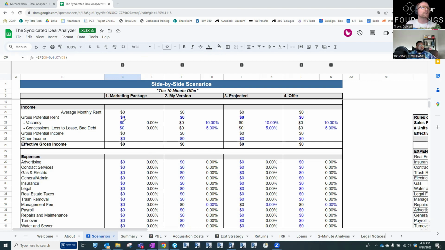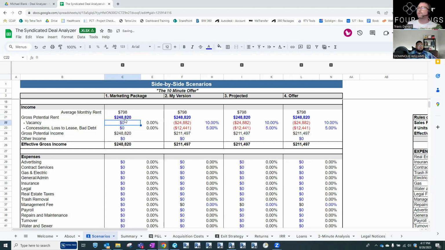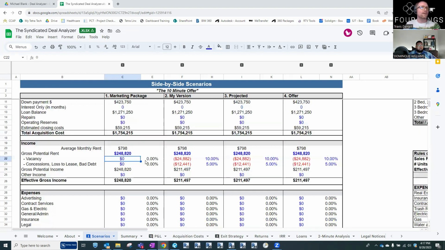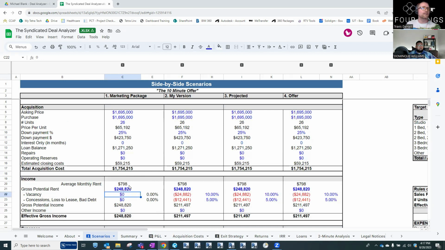For the gross potential rent, Michael's evaluation from his marketing package said $248,820. You can see right here that's the average monthly rent, almost $800.